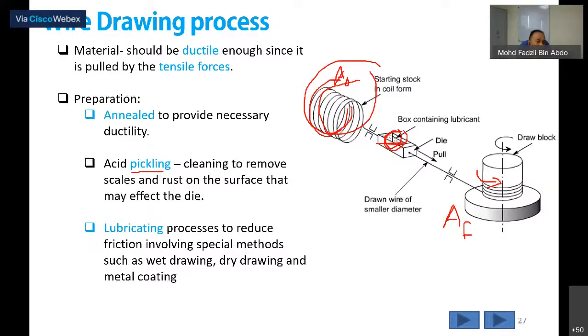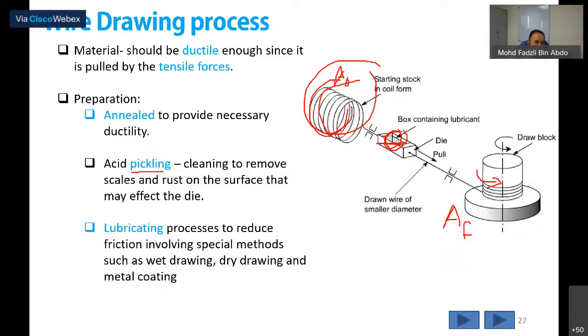Lubricant kita ada 3 jenis, liquid, solid dan juga semi solid. Contoh liquid macam oil, vegetable oil, minyak masak. Kalau solid, contohnya pensel graphite depan tu, itu adalah solid lubricant.